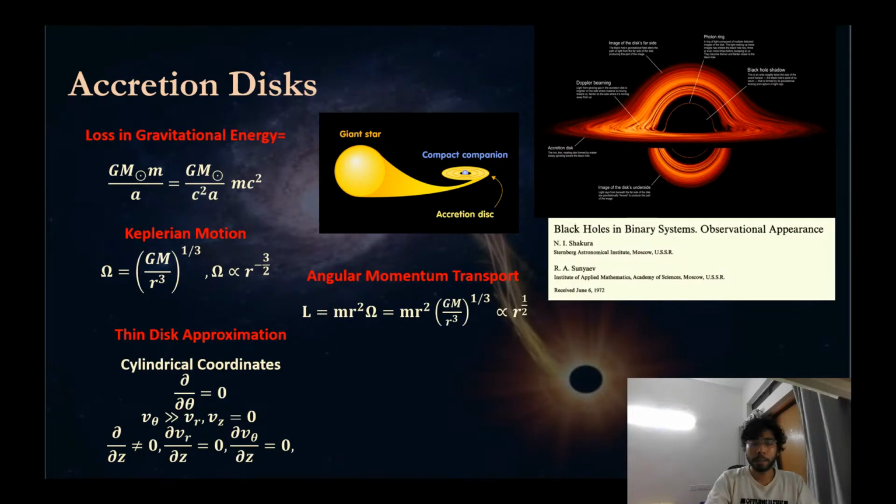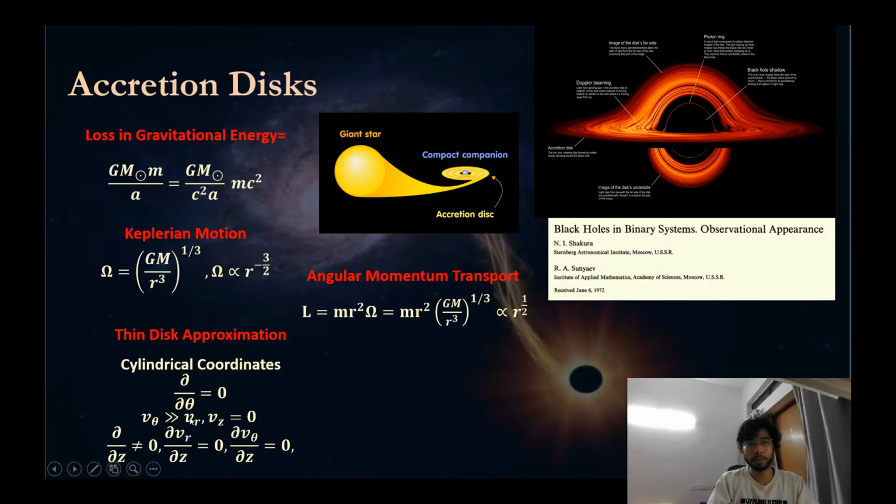One thing to note is that thin disks are not the only kind of disks that we observe in nature. Here the disks are geometrically very thin, as shown in the picture, but generally we also see disks which are geometrically thick. As I was saying, it could be a torus, and the assumption that v theta is much greater than Vr might not hold.